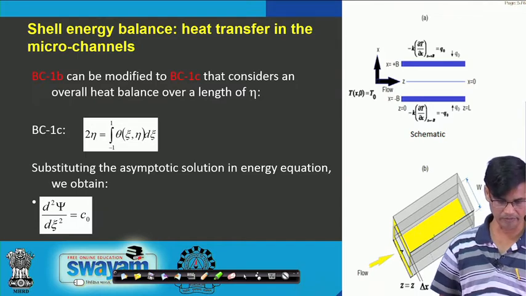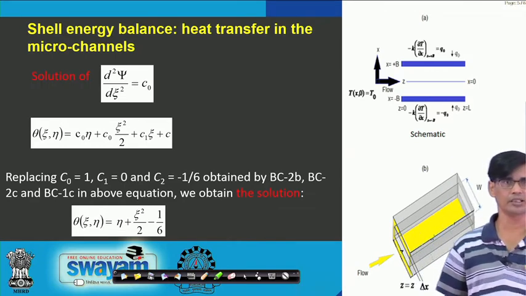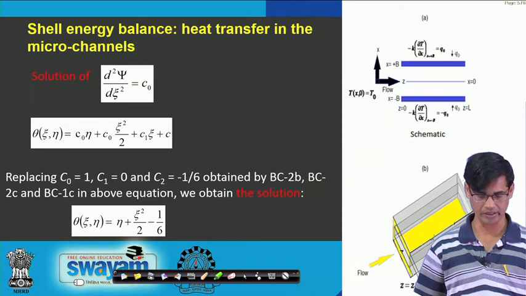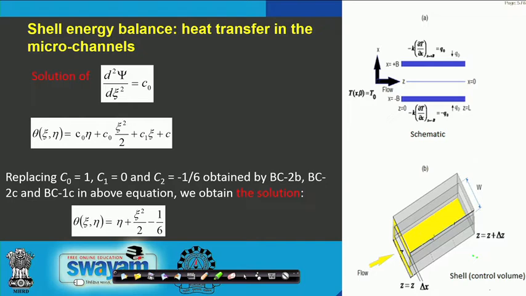Based on all these 3 boundary conditions, we can derive this equation, which is given by theta is equal to C0 eta plus C0 zeta square by 2 plus C1 zeta plus C2, and these 3 constants we can find by putting in the boundary conditions BC 2, BC 1C and BC 2C.